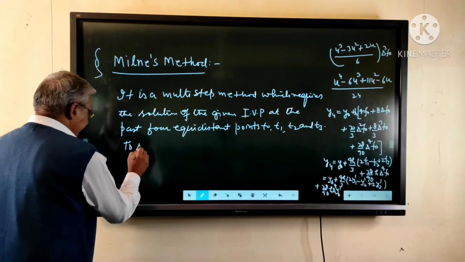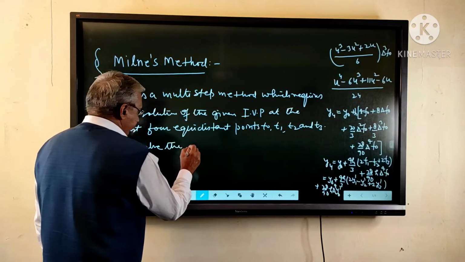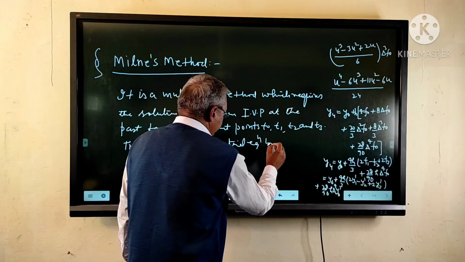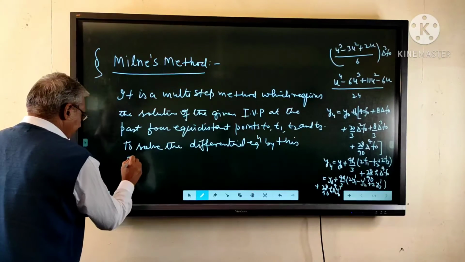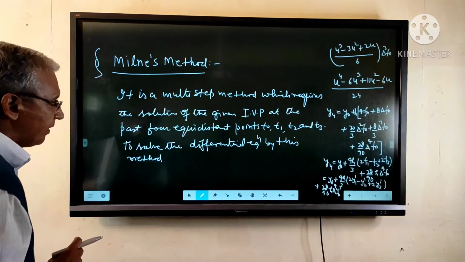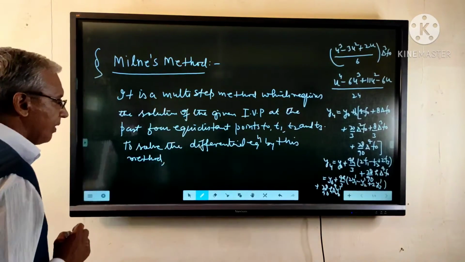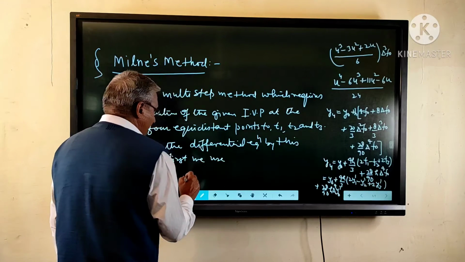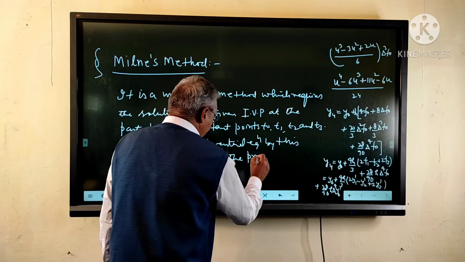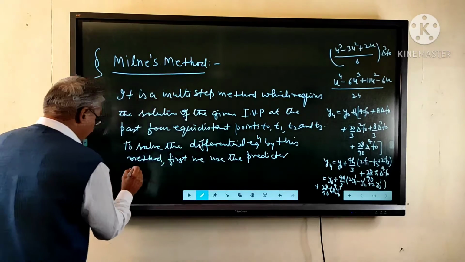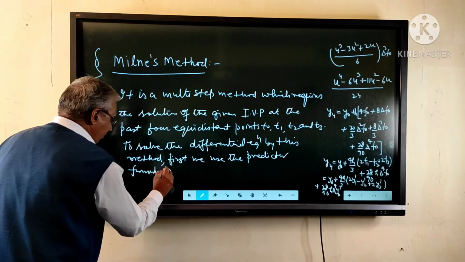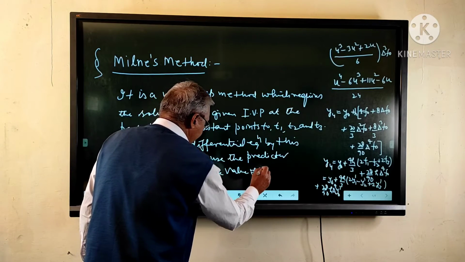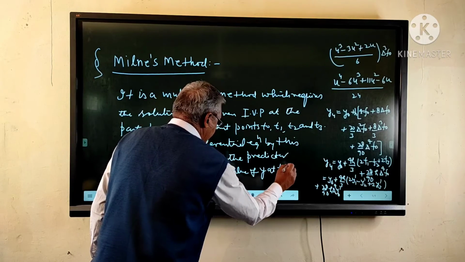To solve the differential equation by this method, first we use the predictor formula to evaluate the value of y at tj plus 1.